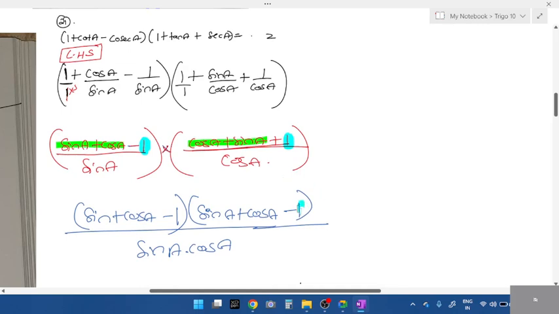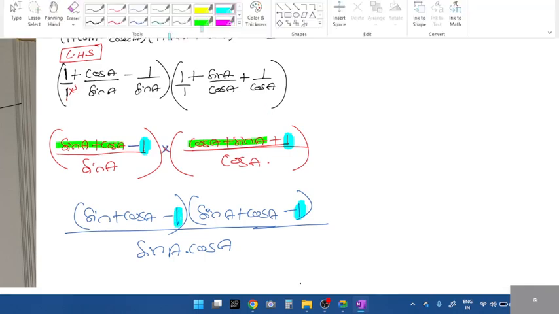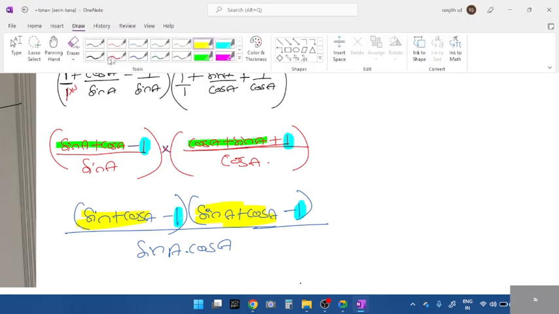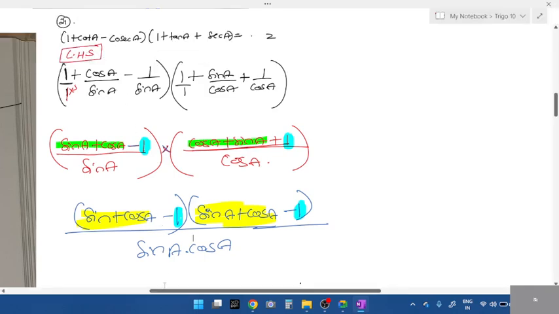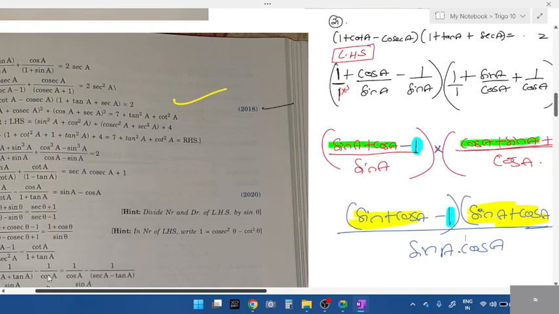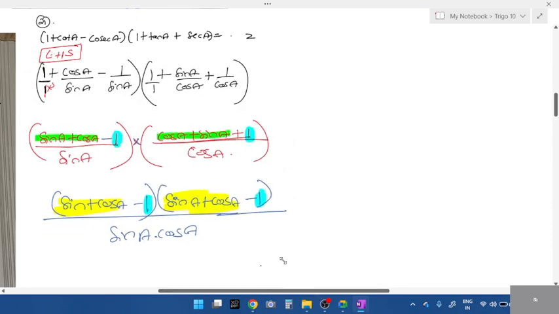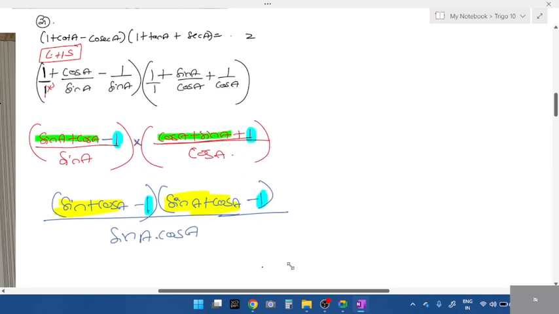Look, minus 1, minus 1. Look at the yellow one. They are the same. So the yellow one, you're supposed to take as A, students. And this had come in a previous year question, the 2018 board exam. They've given such a type of question. So if you know A square minus B square, you can solve. Even in that, this is a tough part.